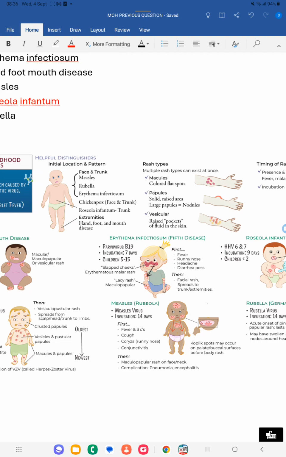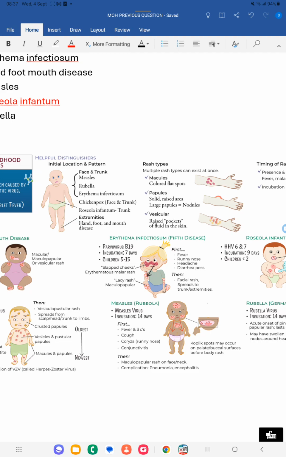Then you get a lacy, maculopapular rash in the body, in the trunk area and face. Fever, running nose, headache and diarrhea will be there. Then facial rashes will be there, spreading to the trunk and extremities.